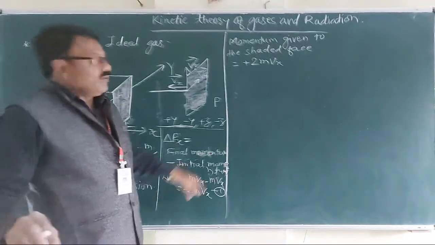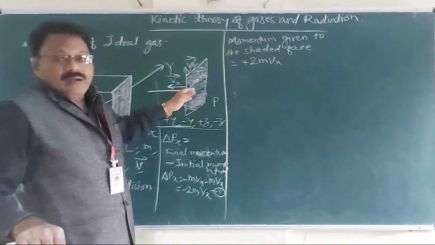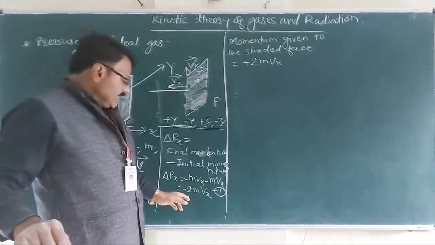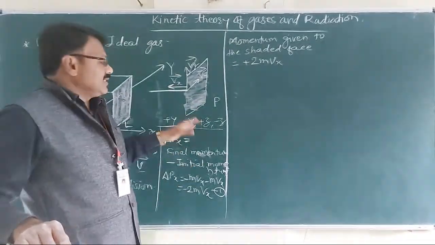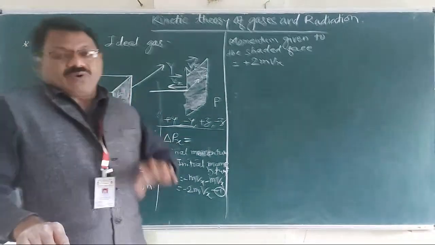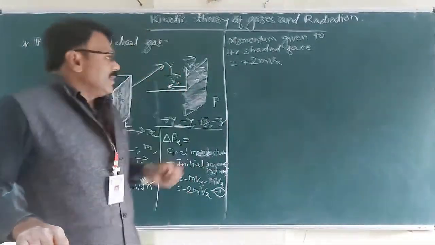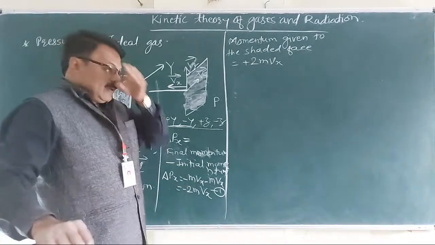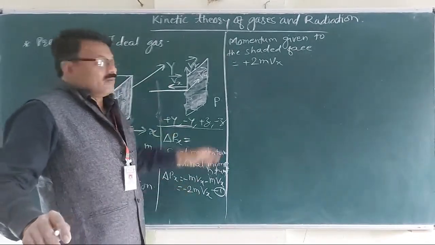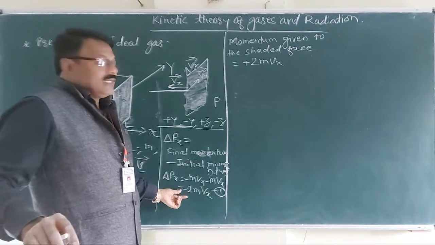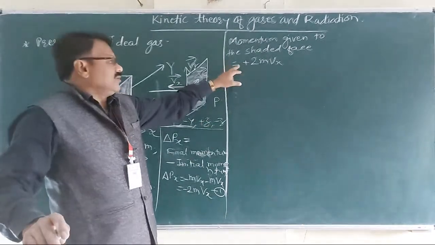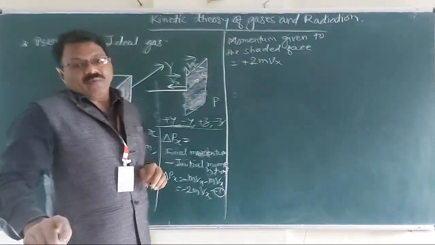This is negative and this is the gain of momentum by the phase, and this is the loss of momentum by the molecule. But according to the law of conservation of momentum, momentum is conserved, or remains constant. If this is negative, then gain is positive. This is the change in momentum.